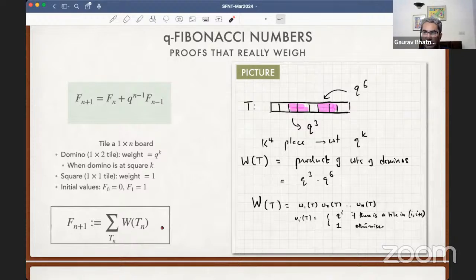So this is the weighted tiling. And in this case, you get Q Fibonacci numbers. If you recall, they came up in the work of Schur, and they're related to Schur's discovery of the Rogers-Ramanujan identity.